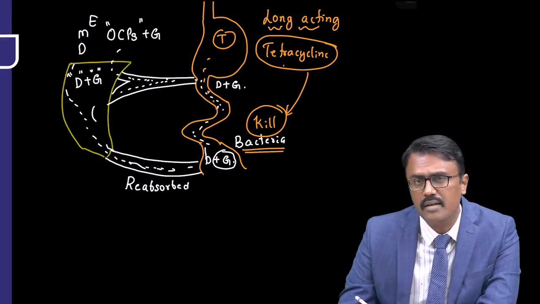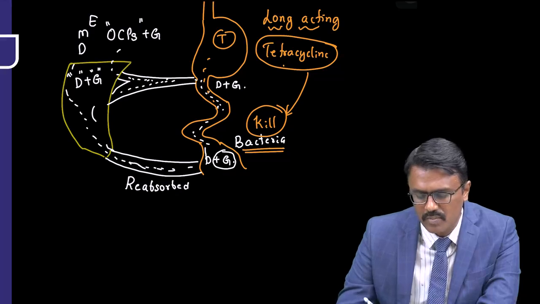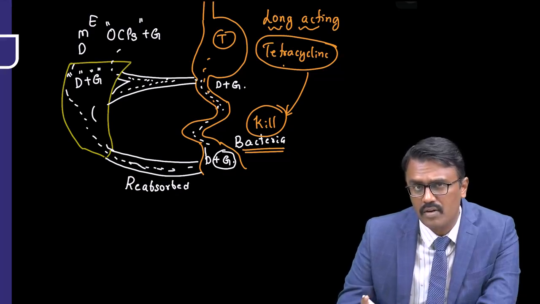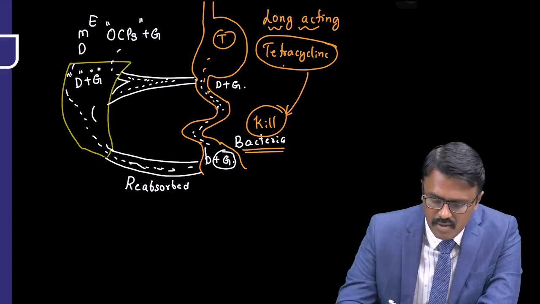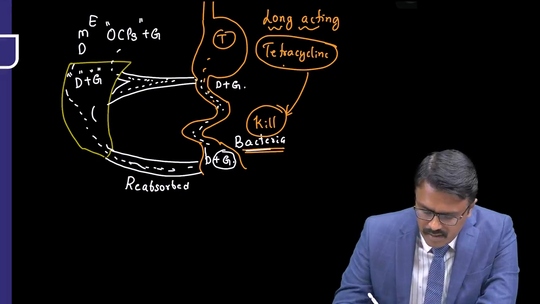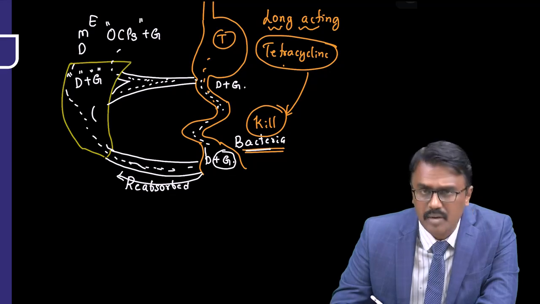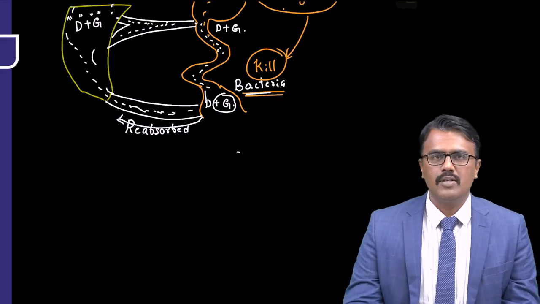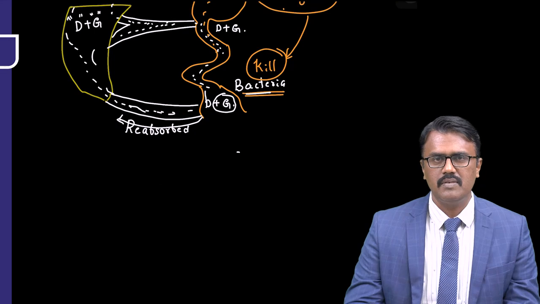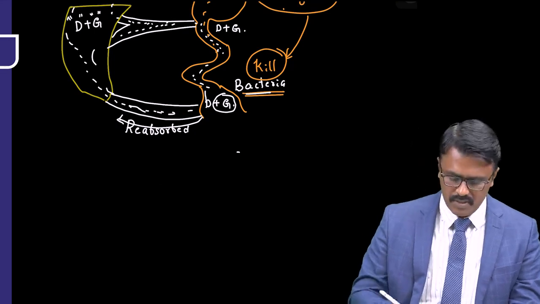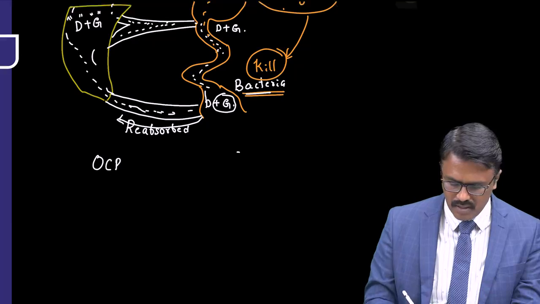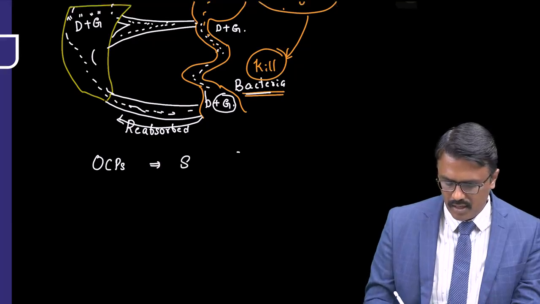When I give tetracycline, they kill the bacteria, and OCPs, will they become long acting or short acting? Take a guess. Yes, they become short acting because when you kill the bacteria, they are not reabsorbed back. The enterohepatic recycling doesn't occur. Okay, so when we are adding OCPs with the tetracycline, the OCPs are now becoming shorter acting.